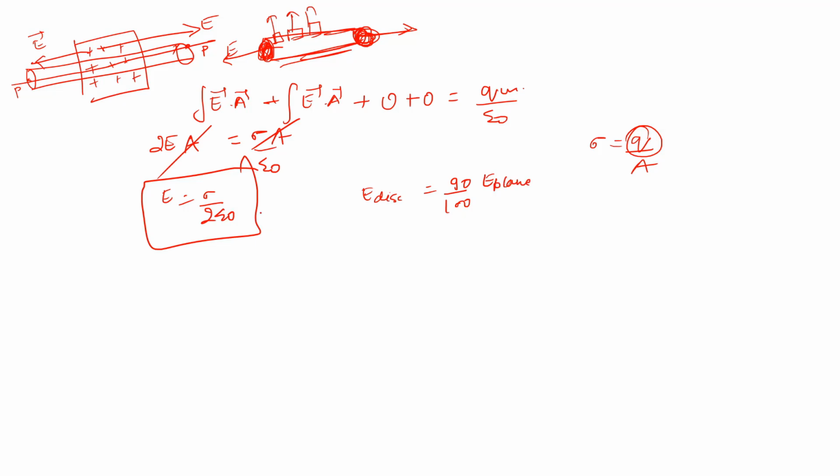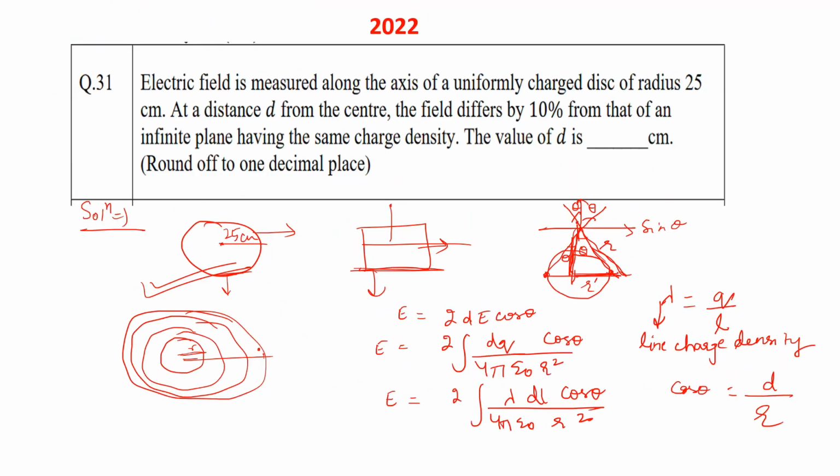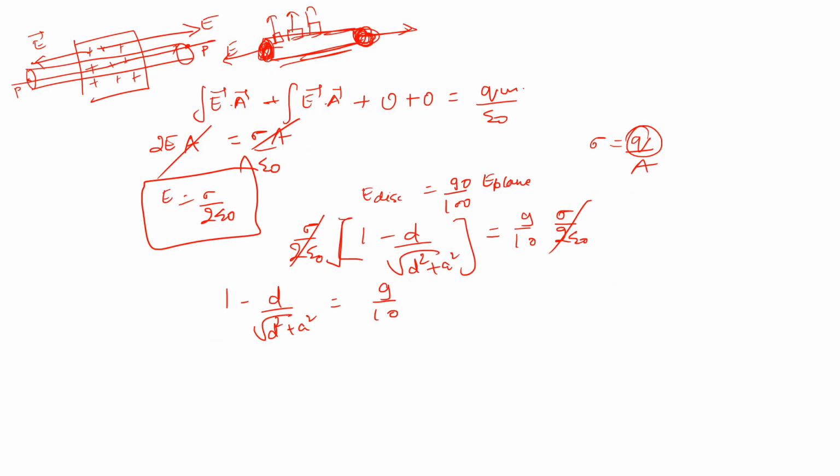So the E disk is sigma upon 2 epsilon naught times 1 minus d under root d square plus a square is equal to 9 by 10 sigma upon 2 epsilon naught. This will cancel. So it is 1 minus d under root d square plus a square is equal to 9 by 10. And d we need to find out, and a is given to us, 25 centimeter radius. So it is 1 minus 9 by 10 is equal to d under root d square plus a square.